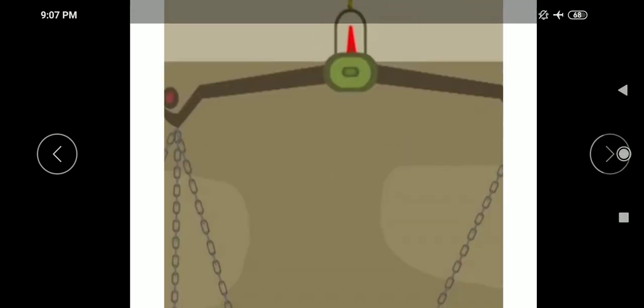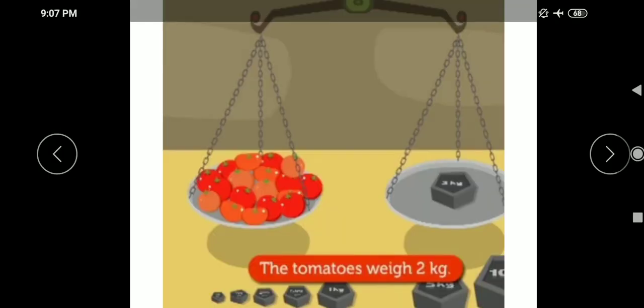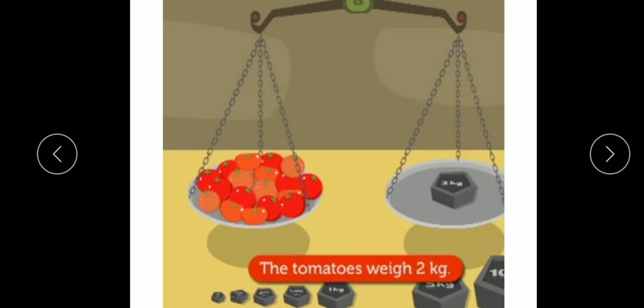The pointer is aligned at the center. It means the weight of tomato is 2 kg, right? Because both the pans are balanced.